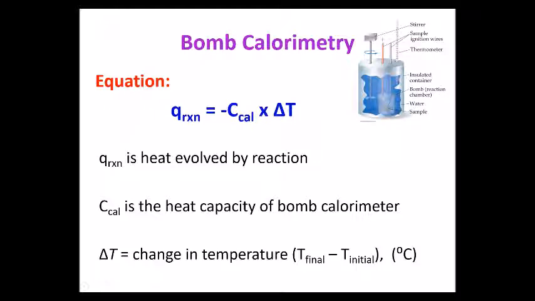But do notice that they put the negative in here for you to automatically make your Q reaction negative, because we're going to assume if the water's heating up that the initial temperature is less than the final, so your delta T should be coming out positive here for these exothermic combustion reactions.